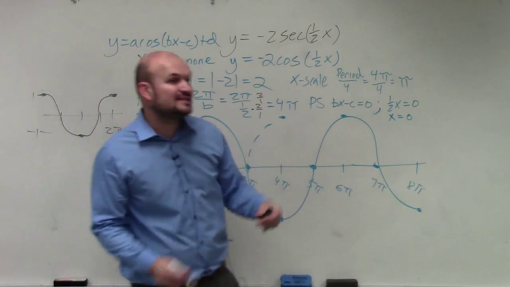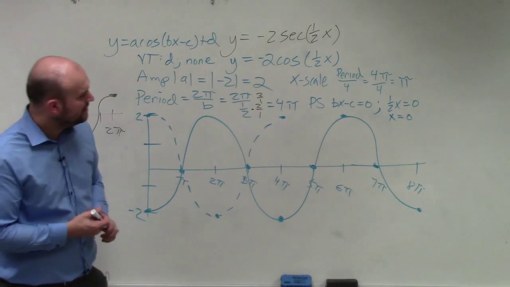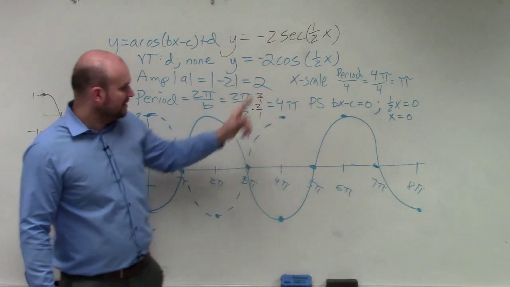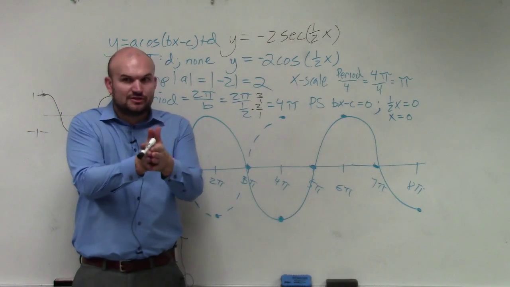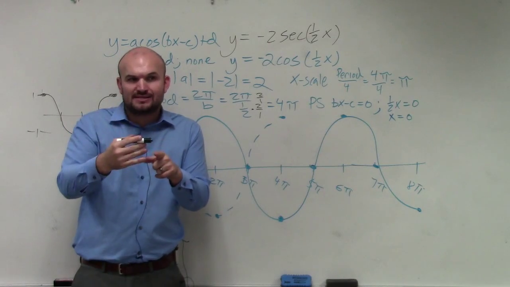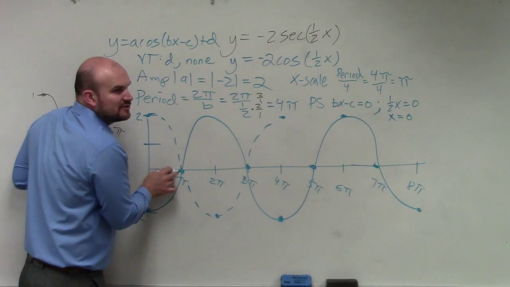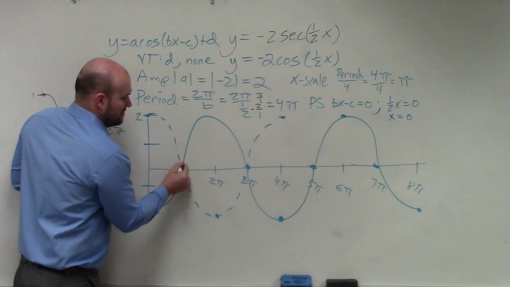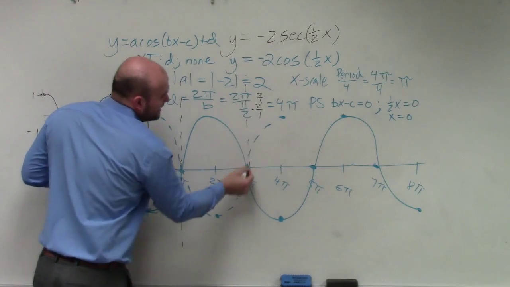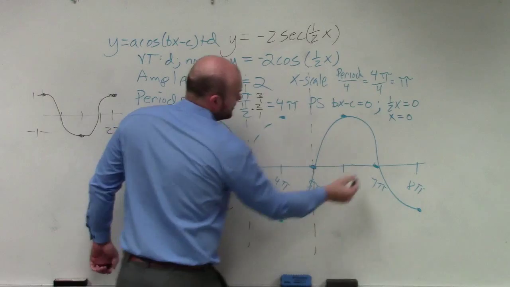Now, what I wasn't here to teach you is how to graph the secant. All you simply do, remember cosine represented the x-coordinate, right? Well, secant represents 1 over x. So here, cosine is 0. What's 1 over 0? Undefined. So wherever cosine crosses the x-axis is now an asymptote.